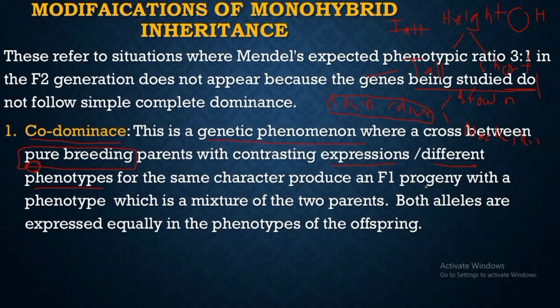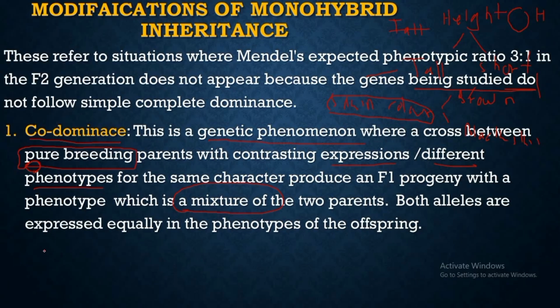For the same character, it produces an F1 progeny with a phenotype which is a mixture of the two parents. Both alleles are expressed equally in the phenotype of the offspring. They show a mixture.